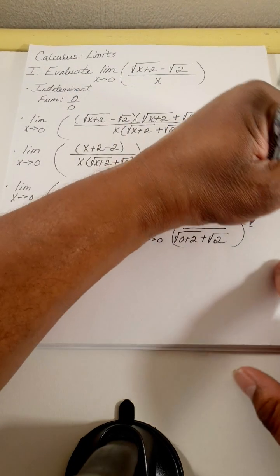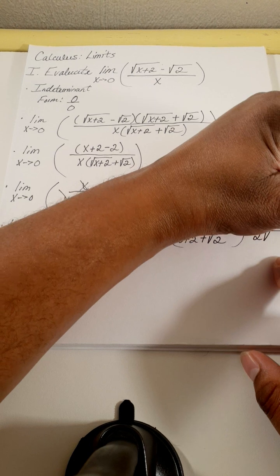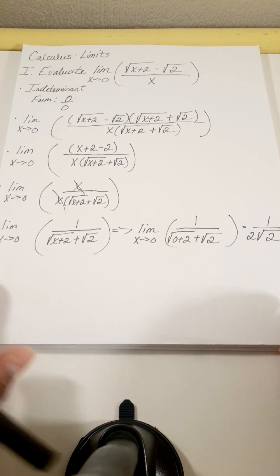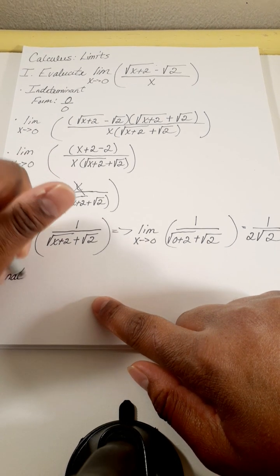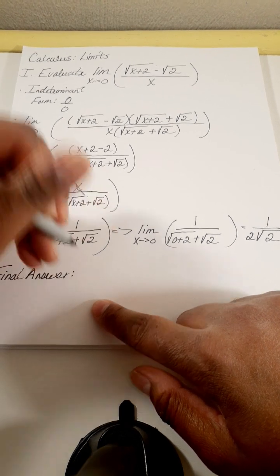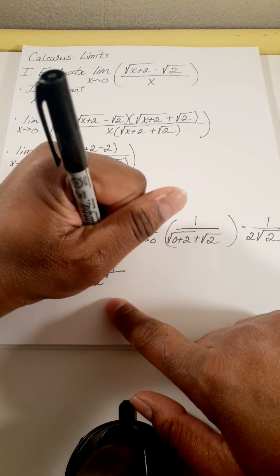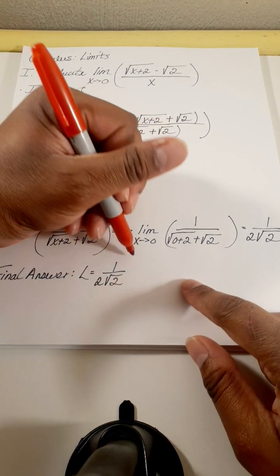When you take the limit here, you'll just get 1 over, I can write this as, 2 times the square root of 2, which would be the limit. So that's your final answer. We can say that L, which is our limit, is equal to 1 over 2 times the square root of 2. That's your answer. Let me circle that for you, and that is how you evaluate this limit.